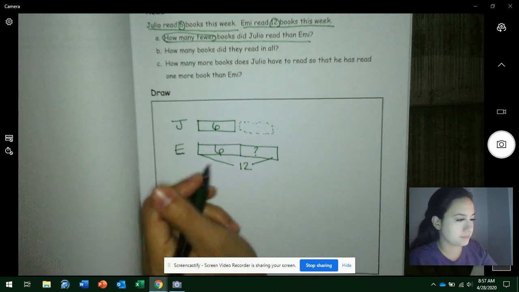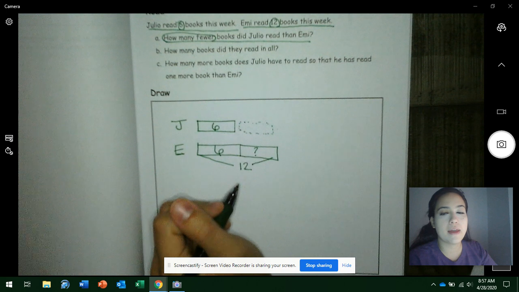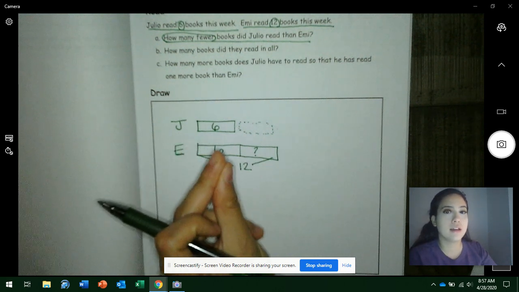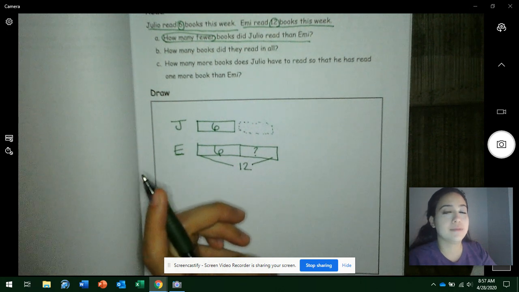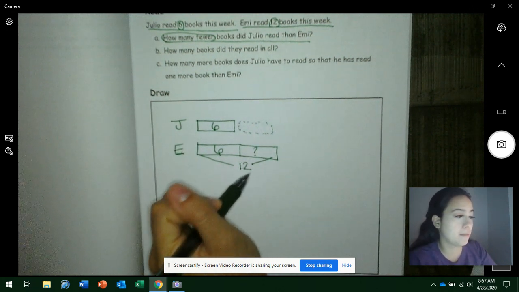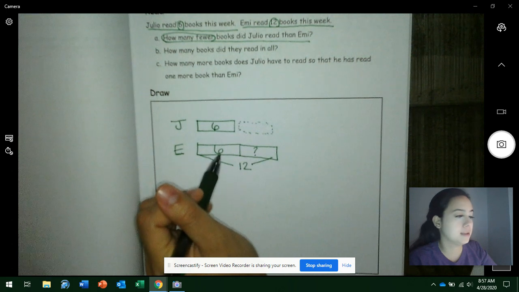So we're missing a part. We have a total and a part. That means that we're going to add or subtract. Get ready? Yes, subtract. Remember that when we subtract, we start with our biggest number, which is our total, and then we subtract the rest.